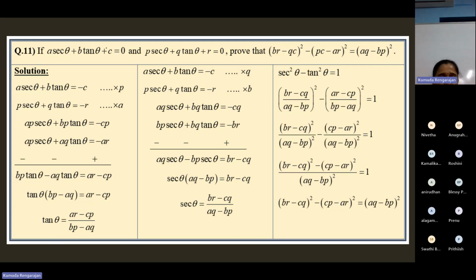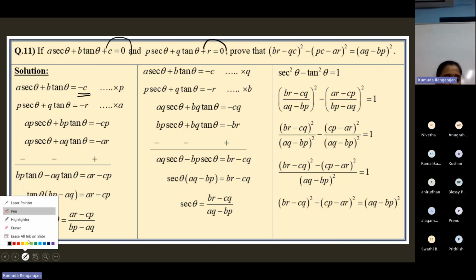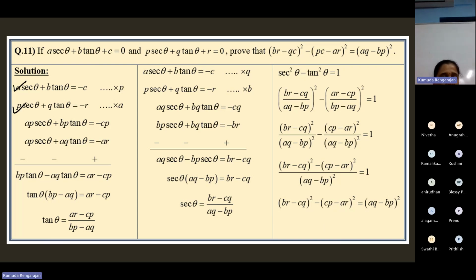So I've transposed C. So minus C you can see here, and this plus R, minus R. So these are the two equations given in the question, and here you can see them with C and R taken to the other side. Now, you can find anything first. You can find secant theta first or tan theta first. So I have multiplied the first equation with P and the second equation with A. So when I do this, this gets cancelled.